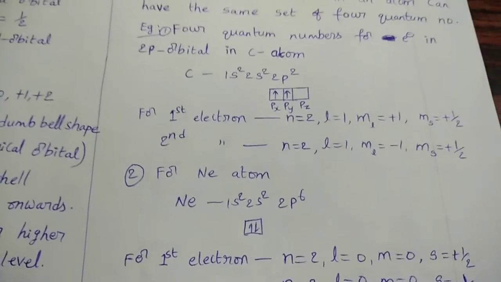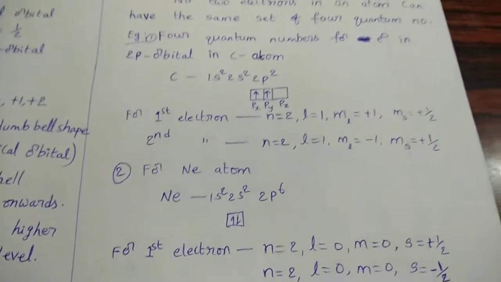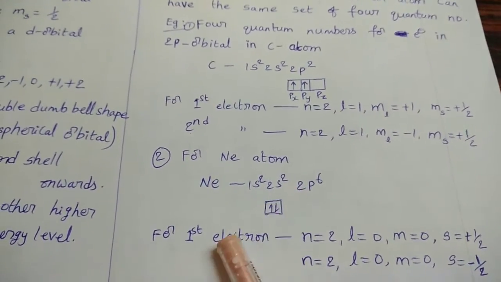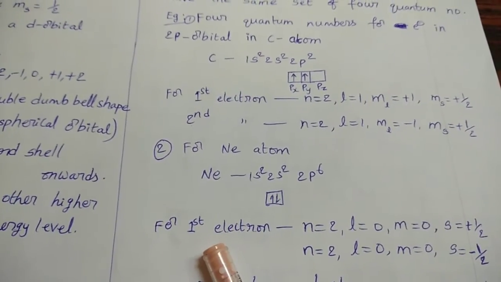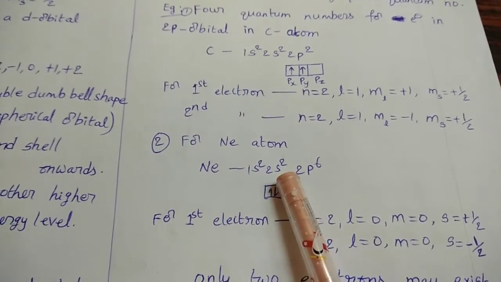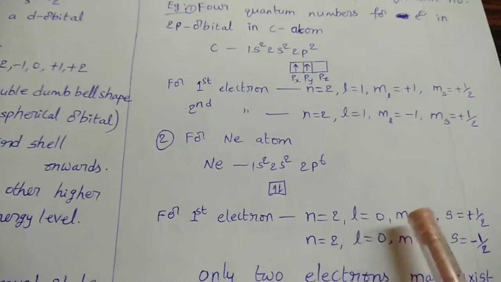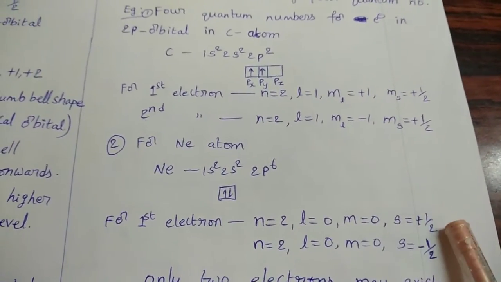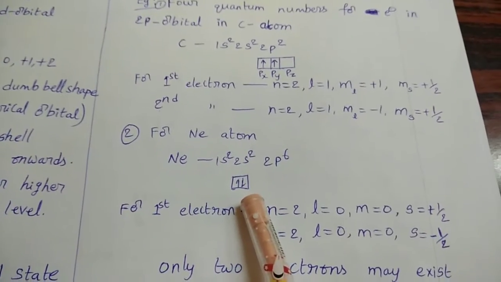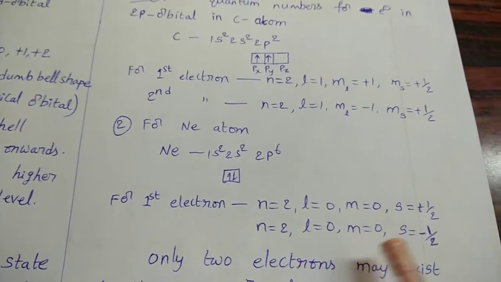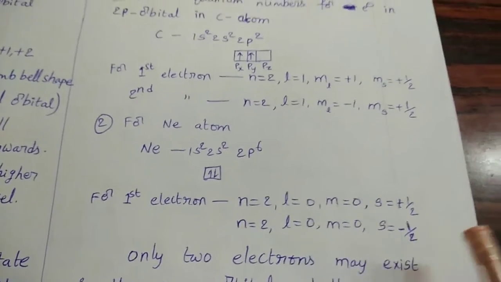See another example, neon, atomic number 10. Configuration 1s2, 2s2, 2p6. For the 2s electrons, for the first electron, n value 2, L value 0, because it is an s subshell, magnetic quantum number 0, spin quantum number plus half. For the second electron present in the same orbital, n equal to 2, L equal to 0, M equal to 0, S equal to minus half.